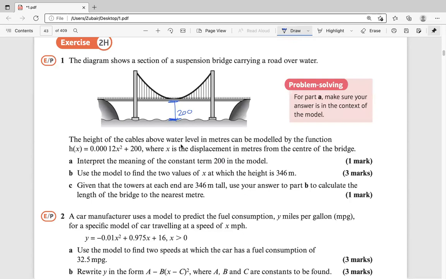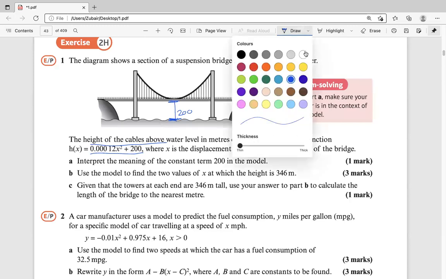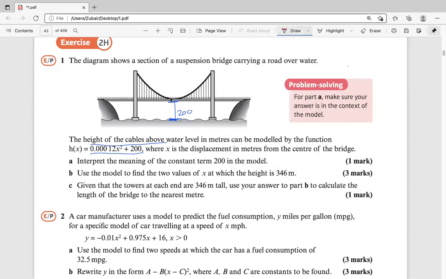The height of the cable above water level in meters can be modeled by this function. A quadratic equation is given where x is the displacement in meters from the center of the bridge. So if we consider this our center, if we are moving towards right or towards left, this is the displacement and you see that the cable is rising.